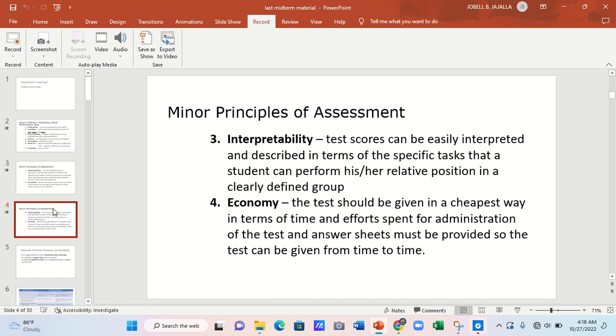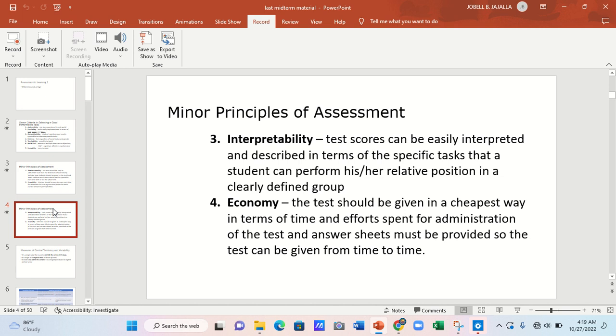Makita nato if the particular student is lagging behind from his classmates or di kaya he is excelling among all the students in that same section. So, based on the test scores that we get from the test, kung taas siya interpretability, it makes it possible to easily interpret the overall performance of the student based on the test scores.